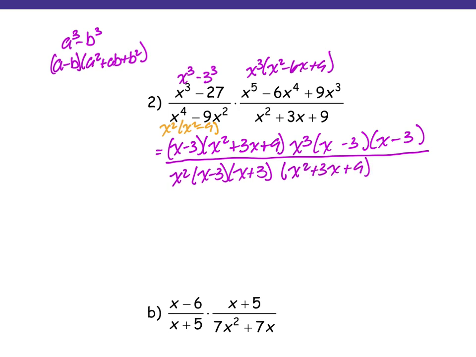Now I'm going to make ones. x minus 3, x squared plus 3x plus 9. Okay, so I should have x times x minus 3 squared all over x plus 3.